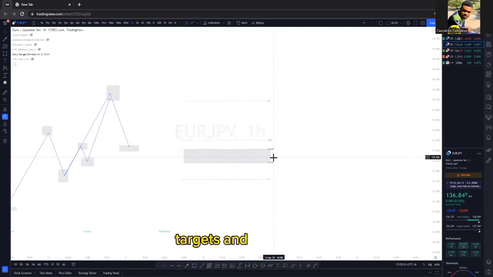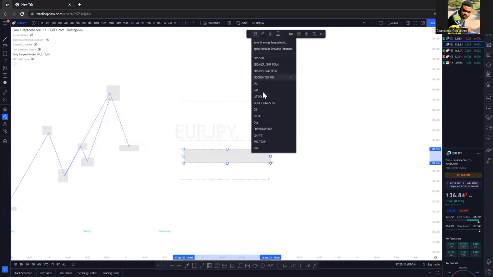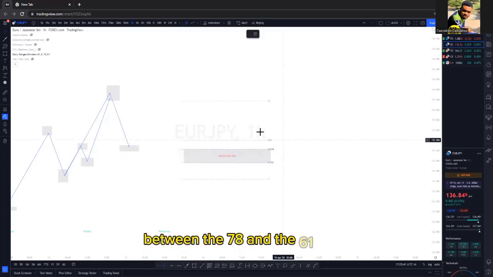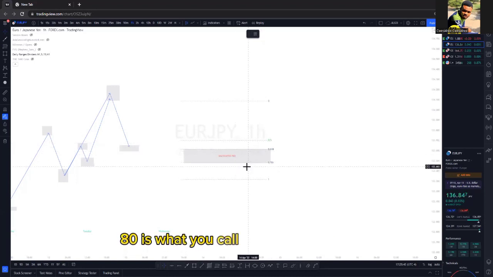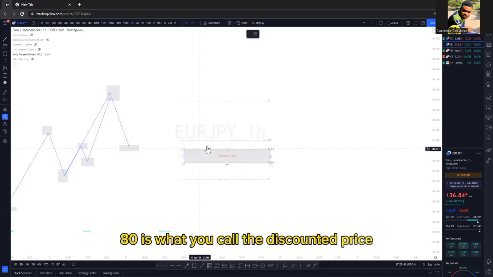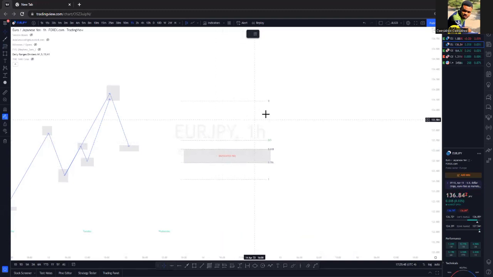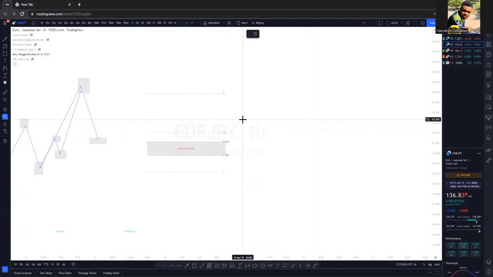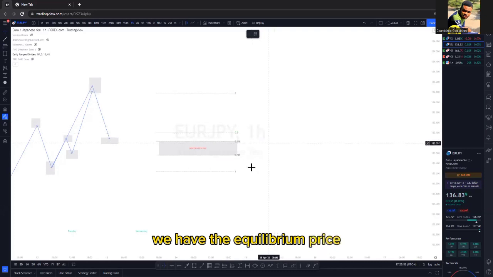Over here, between the 78 and the 61.8 is what we call the discounted price, and we have the 50, which is the equilibrium price.